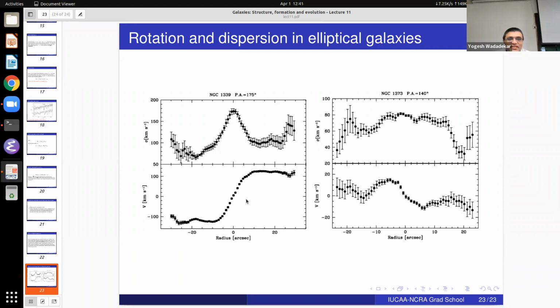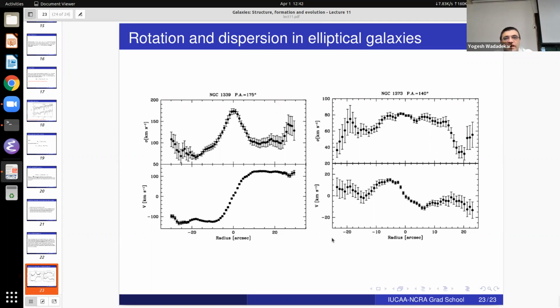Yes, but actually there is a little bit of a trick here. What they have not shown you is what happens outside. This is only about 20 arc seconds. Depending on the redshift of the galaxy, that may correspond to a very tiny region. It's a nearby galaxy. So what is happening is, this is an elliptical galaxy with a central disk.